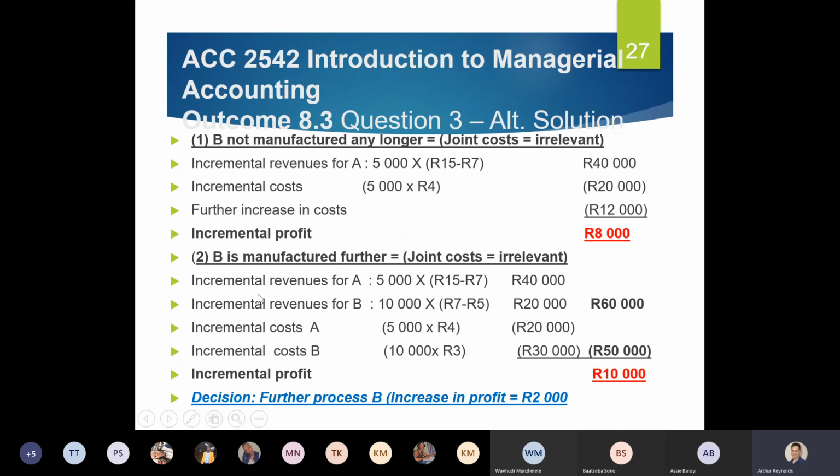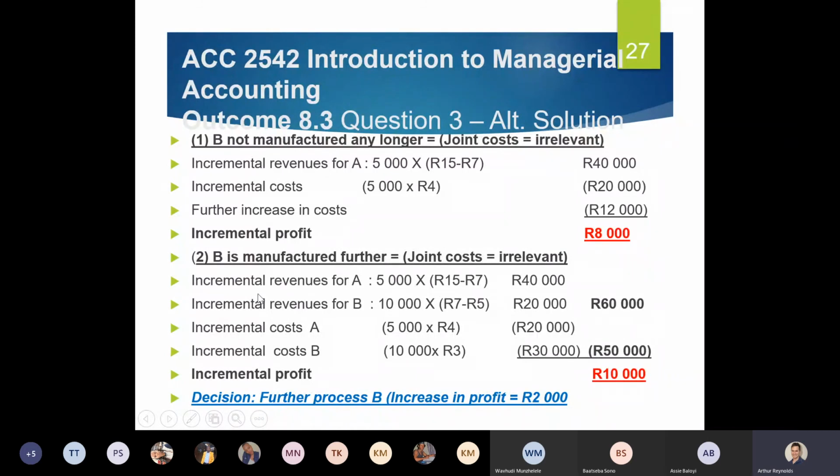The incremental cost is the 4 Rand that it will cost us to process it further. That's 20,000. And of course, a 12,000 Rand further increase in cost, which gives us an incremental profit of 8,000 Rand.